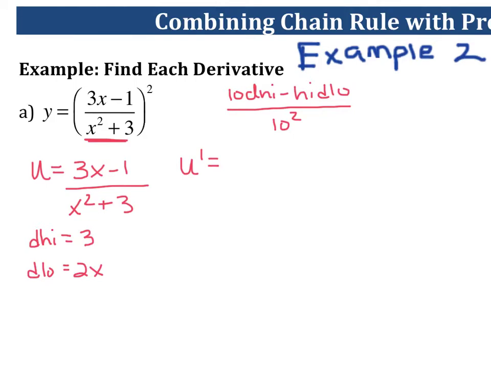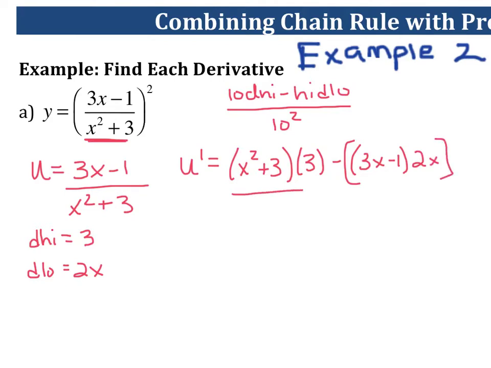So we end up with the low, x squared plus 3, times the derivative of the high, which is 3, minus the high, which is 3x minus 1, times the derivative of the low, which is 2x, all over low squared, which is (x squared plus 3) quantity squared. All right, let's go ahead and clean this up.